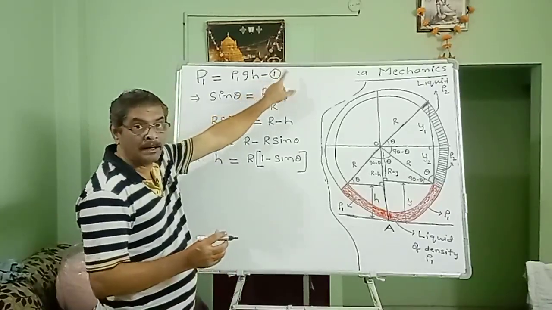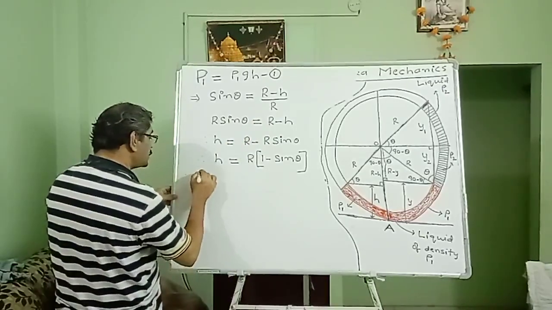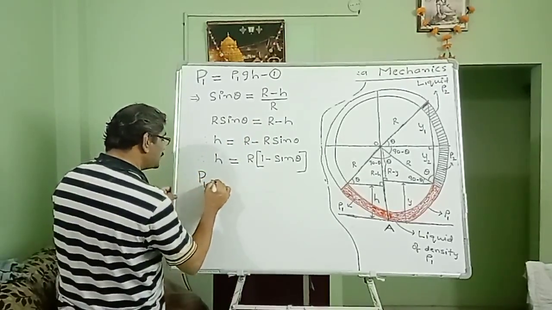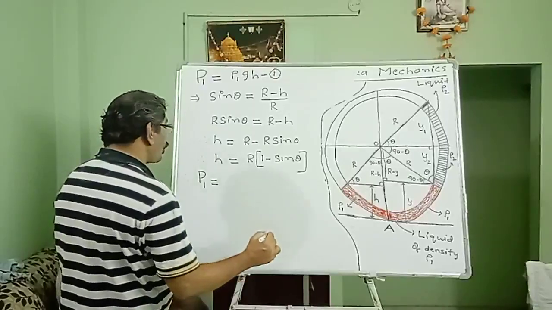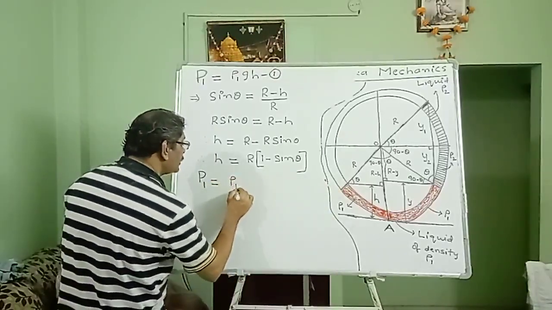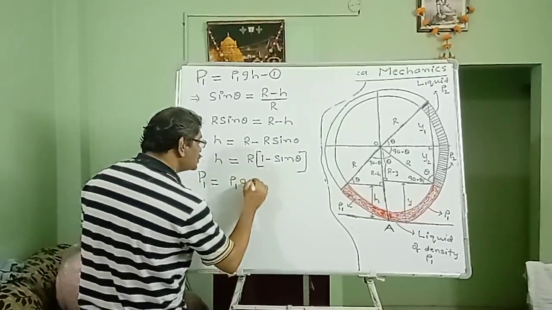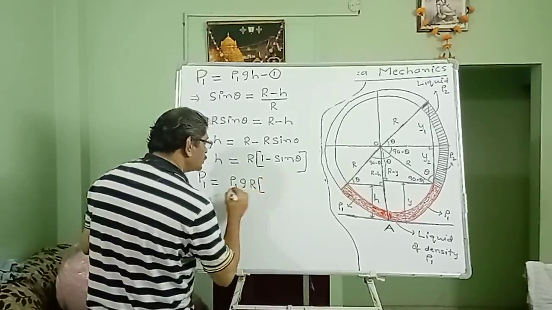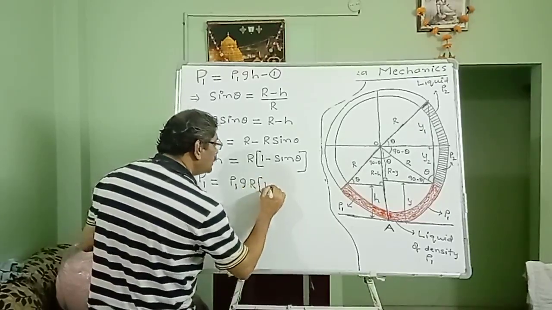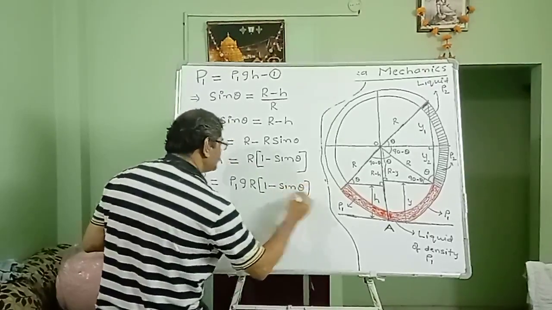in equation number 1. So therefore the pressure that will be exerted by the left column at the point A will be given by rho g multiplied by h, you get rho g r multiplied by 1 minus sine theta.